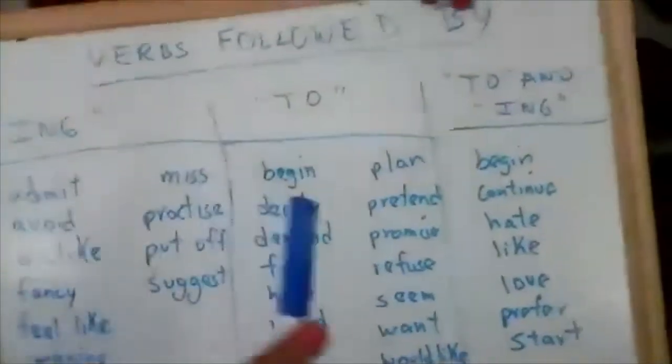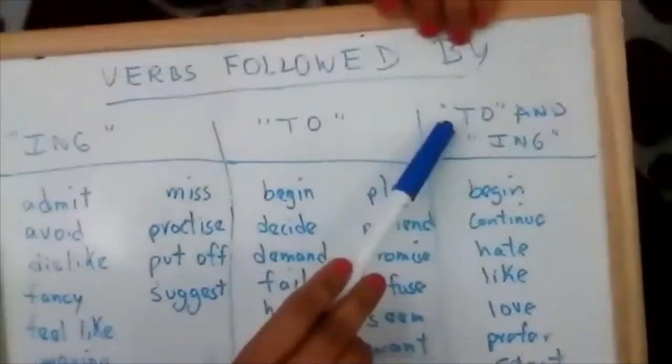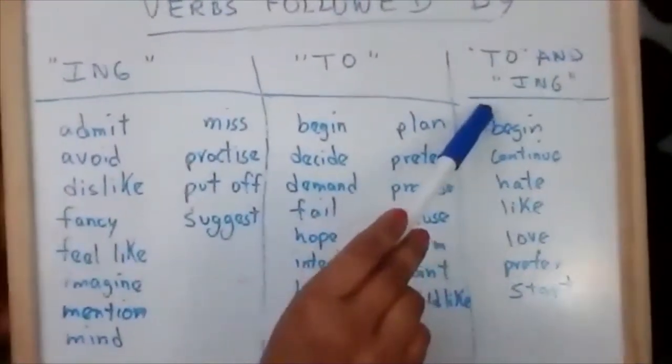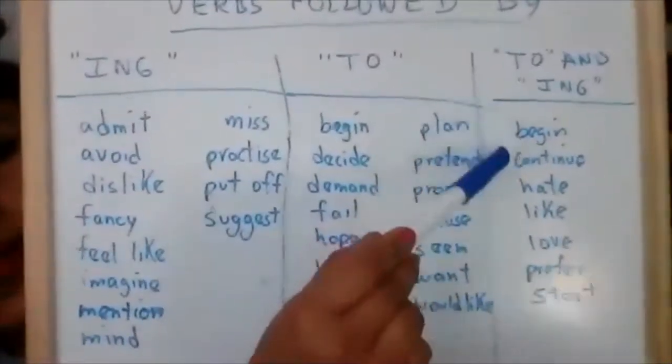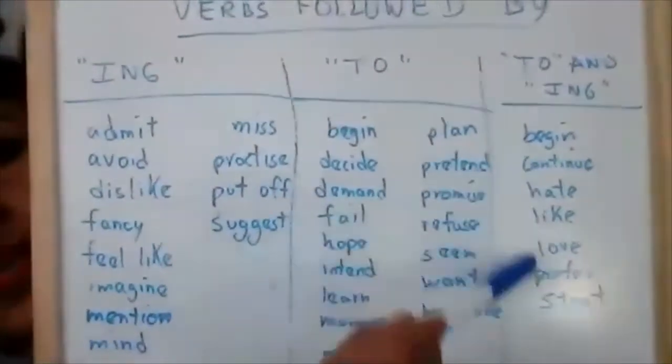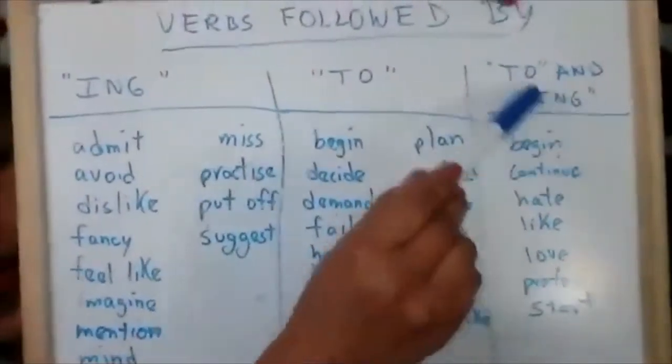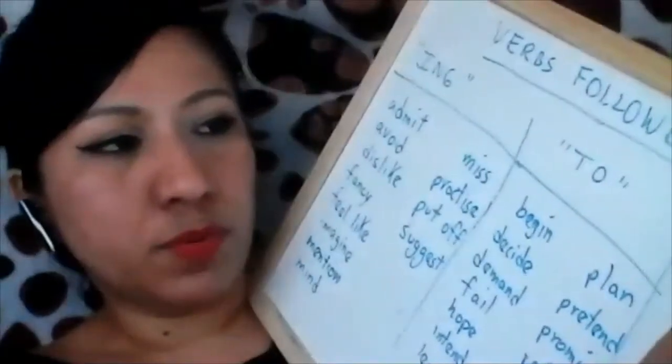The third category, we have got verbs that follow by to, that is infinitive, and verbs that follow by ing. What does it mean? That this list, these verbs, it's possible to use for both, okay? I'm going to write here, for both.